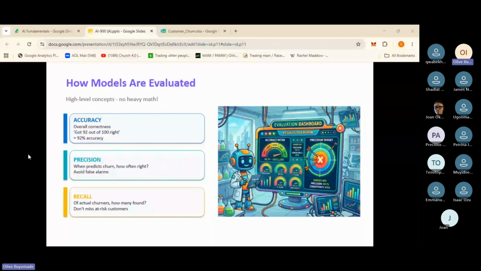With our customers, if the model says churn, you look at all the churns, what percentage of the churn is correct and what percentage is wrong? It has to be at least 92% for us to say it's accurate.